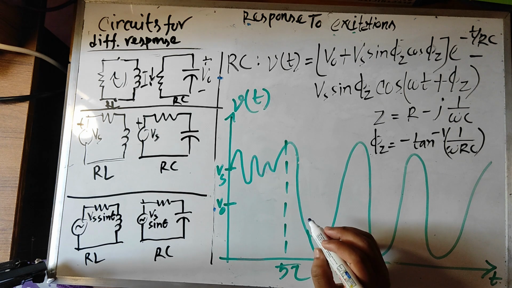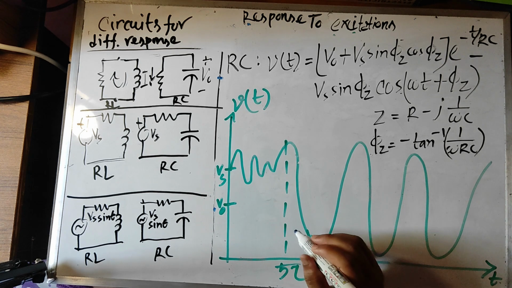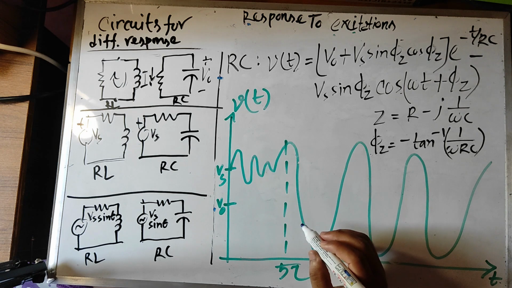If we compare the RC sinusoidal response with its input, the input is obviously sine omega t.